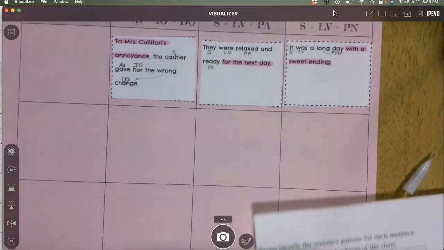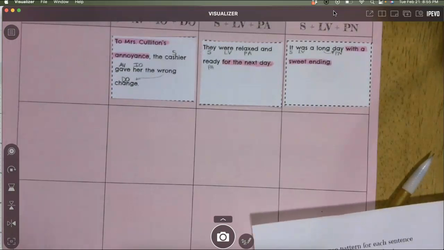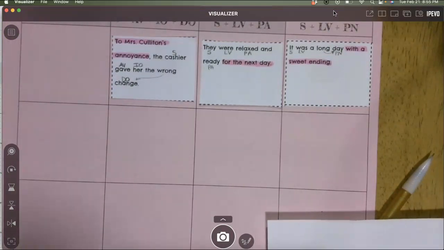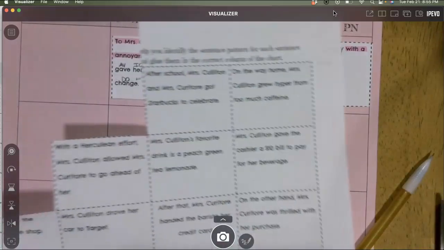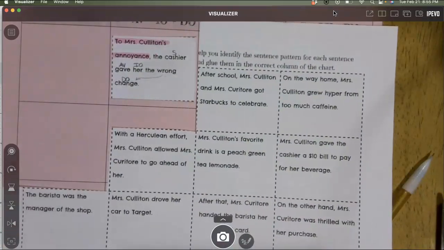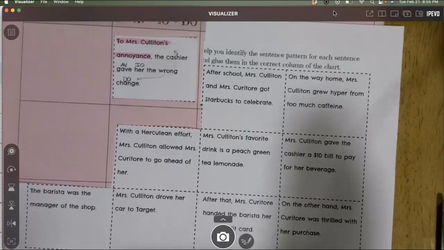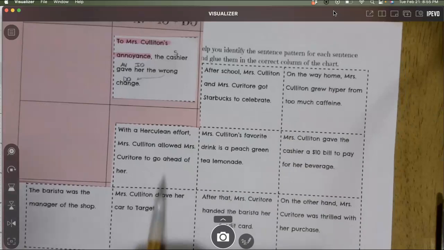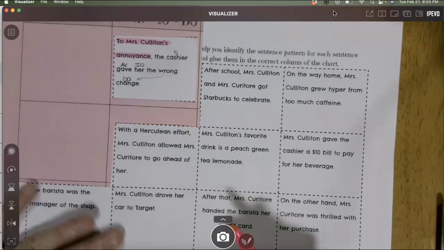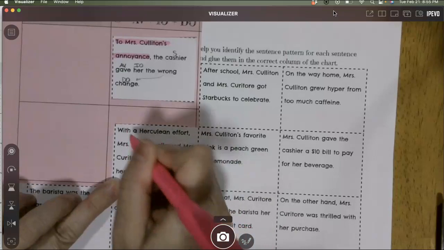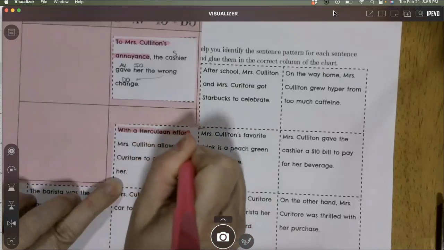All right, let me see if I can find one with a direct object for you. Oh, okay. Ooh, this one's got a Greek allusion too. "With a Herculean effort, Mrs. Culleton allowed Mrs. Curator to go ahead of her." So I see a couple of phrases in here to get rid of. I see with a Herculean effort.